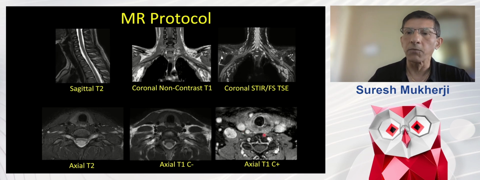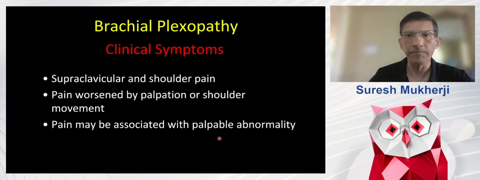And invariably, when you do give contrast, the contrast images are oftentimes the most important sequences, and you give contrast right at the end of the time the patient is in the scanner, and they're more apt to move. And again, those are often affected by motion artifact. So for instance, when you do give contrast here, you can see this enhancing mass that's located between the anterior and the middle scalene, but we're going to have a lot more to say about that coming up.